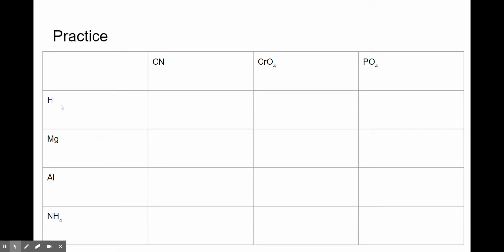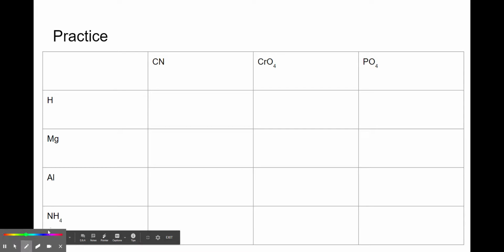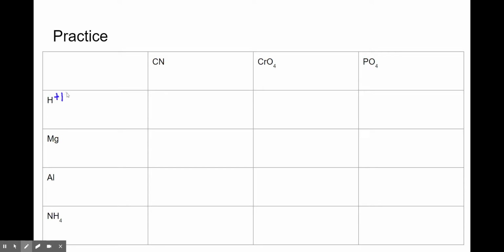First thing I'm going to do is go ahead and write the charges on each of these. So I have H, Mg, Al, and NH4. H, I find it on the periodic table alone. So I know that the charge is whatever column it is in. H is in the first column, so it has a charge of +1.